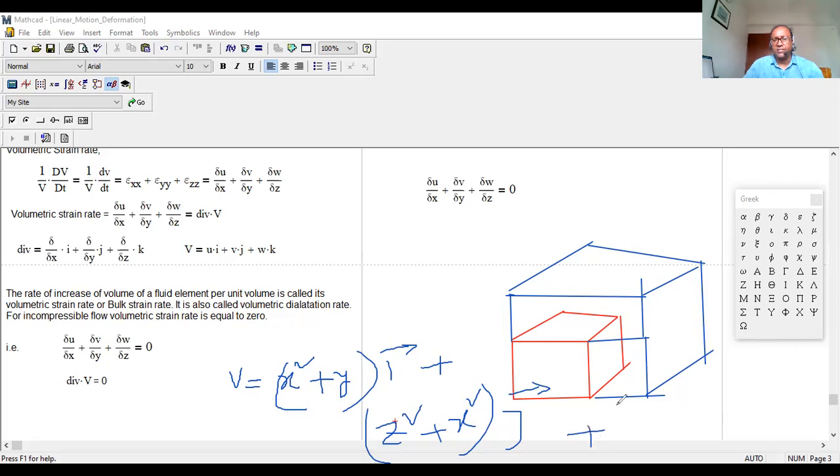We can say into z square plus xy into k.